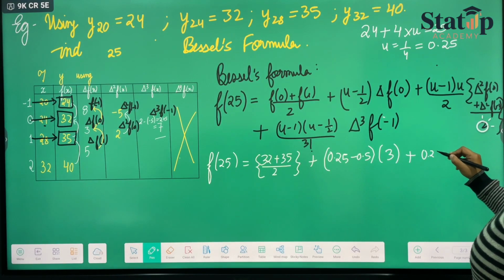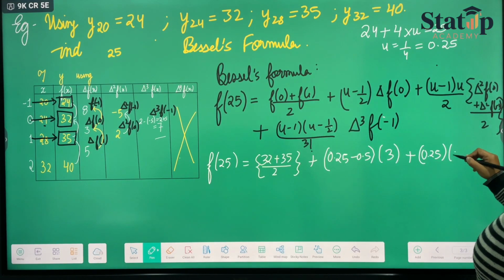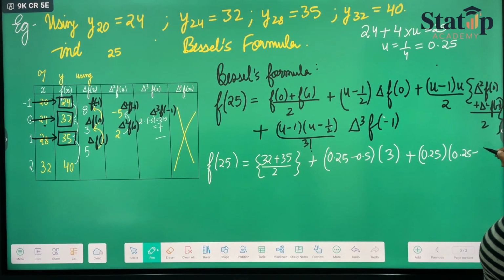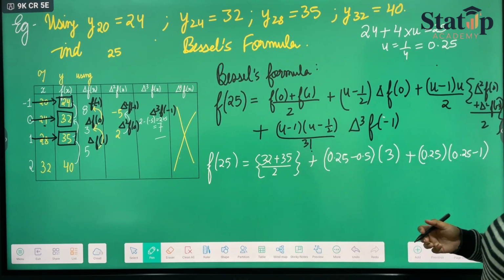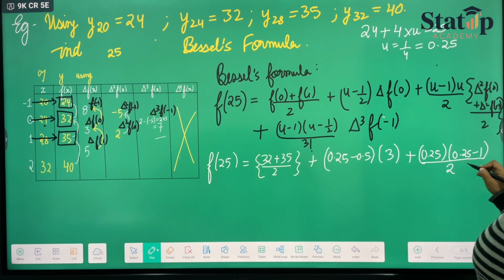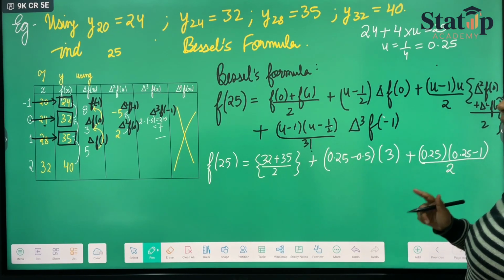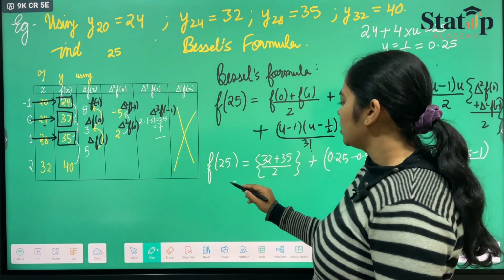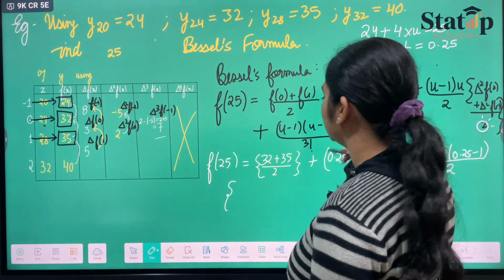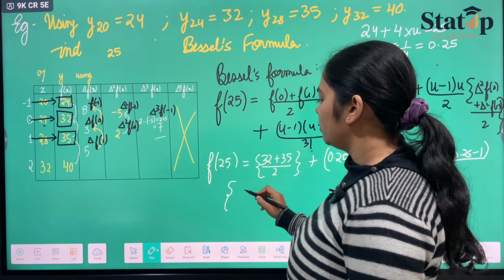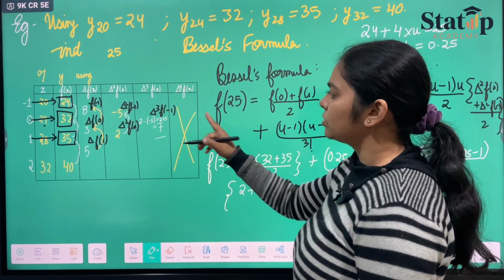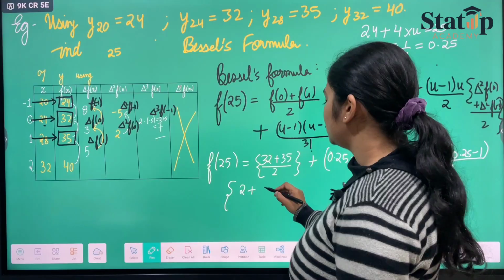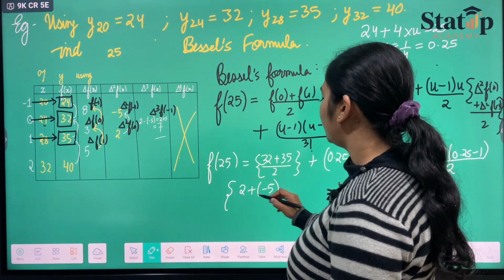U is 0.25, u minus 1 is 0.25 minus 1, which will be equal to minus 0.75 upon 2 into the next bracket, which is delta square of f of 0, which is 2, plus delta square of f of minus 1, which is minus 5, upon 2.